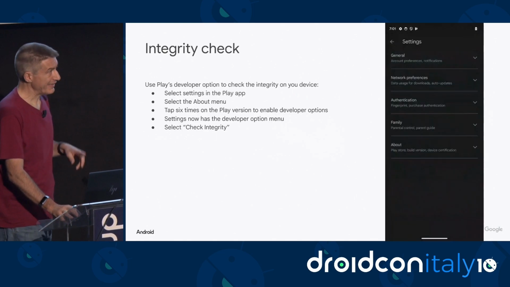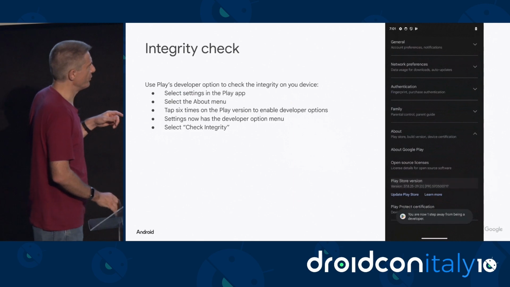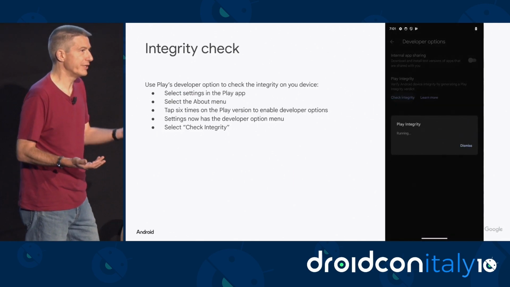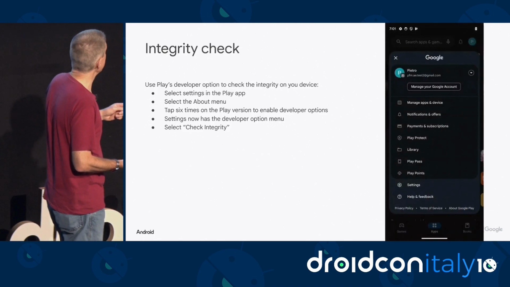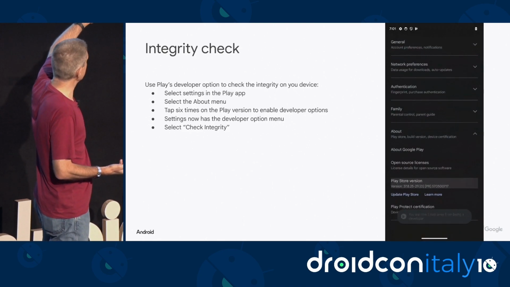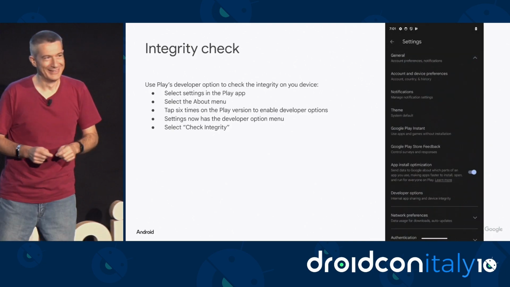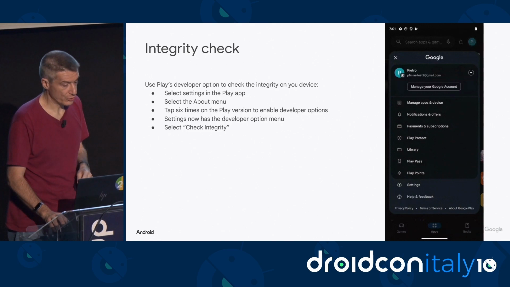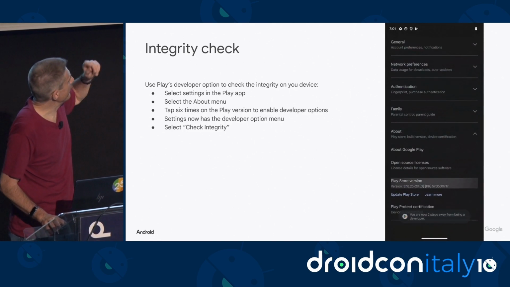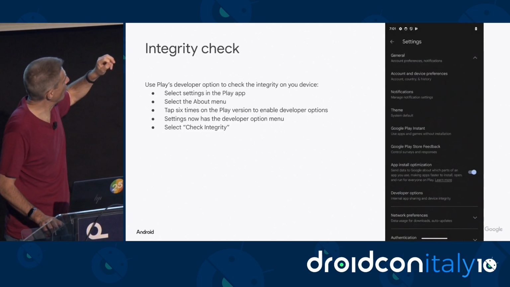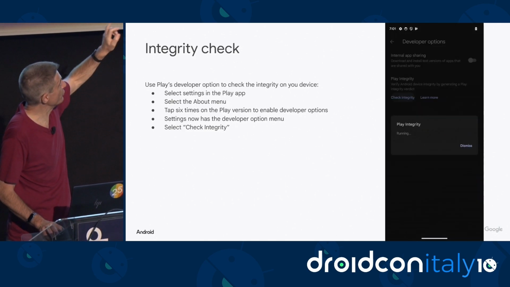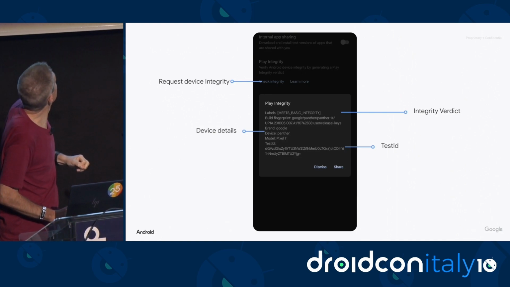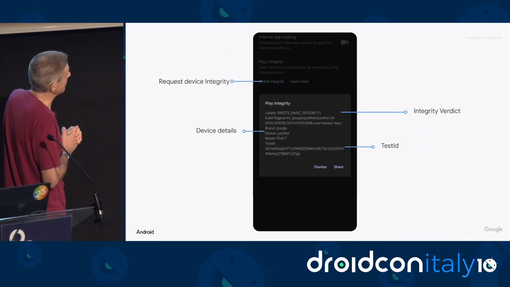So how to test a single device? I don't know if you know, but the Play application on the device has a developer mode. And you enable the developer mode by tapping on the Play version 6 times. And then you are in the developer menu, where you get the option to, for example, enable app sharing, and also, now in the latest version, to generate a Play integrity verdict.